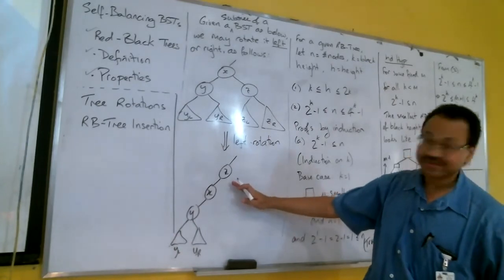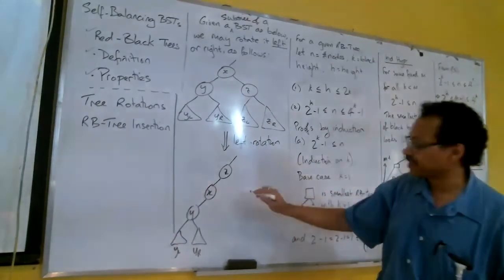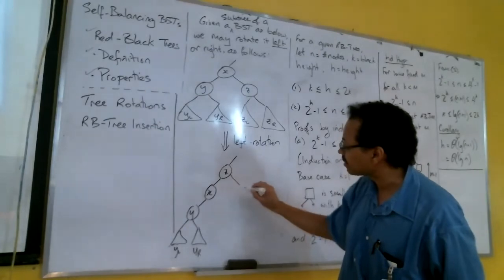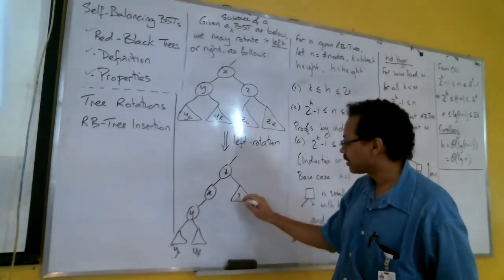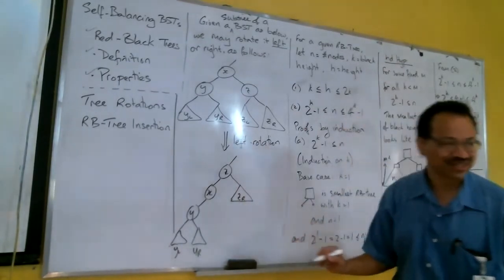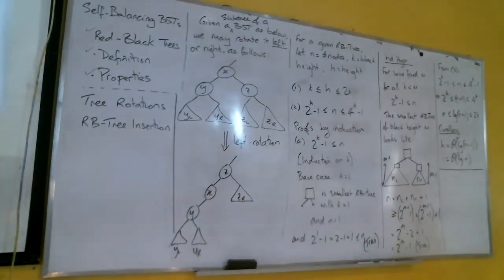Likewise, on the right side of Z, nothing really happened to affect it, so let's leave that alone. The right side of Z will still have its children on the right side. So its right subtree will remain intact.